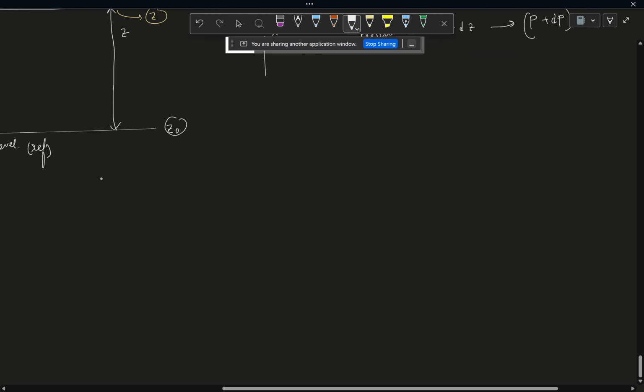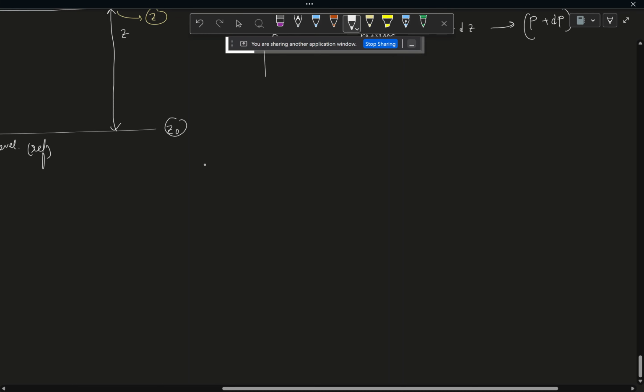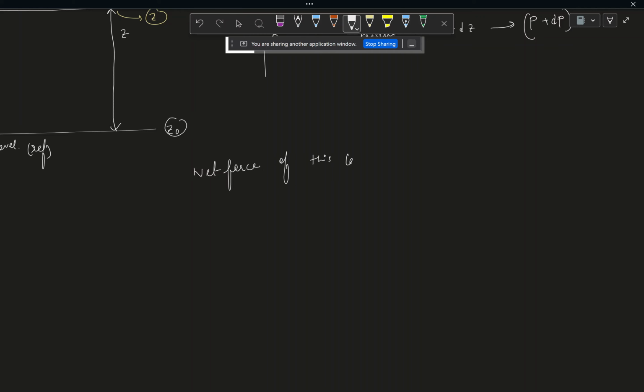Now, what will be the net force for this column marked by the yellow dots over here? So the net force of this layer is P plus dP minus P into 1 plus Fg. Now, let us remember or let us discuss what are the different terms over here.